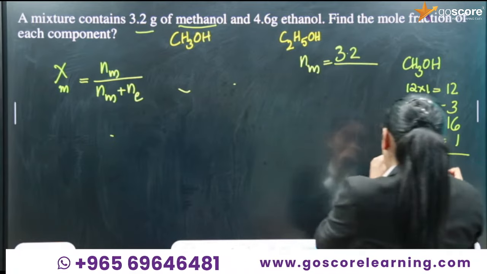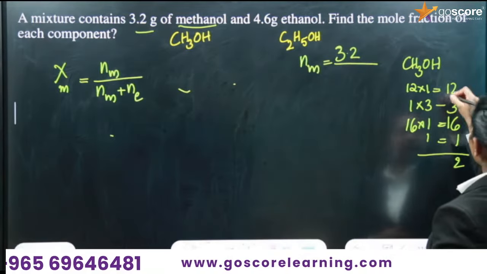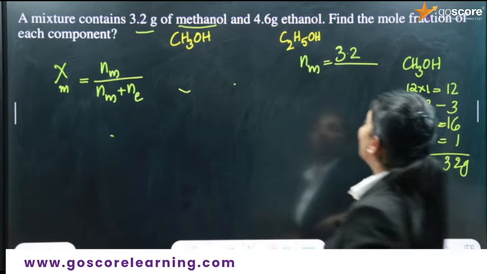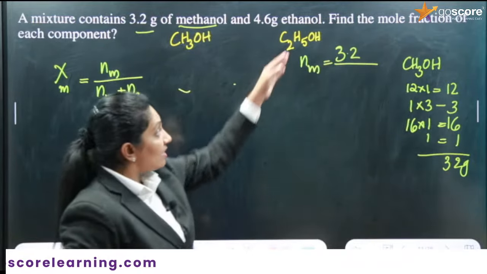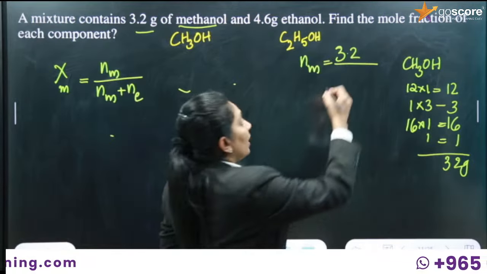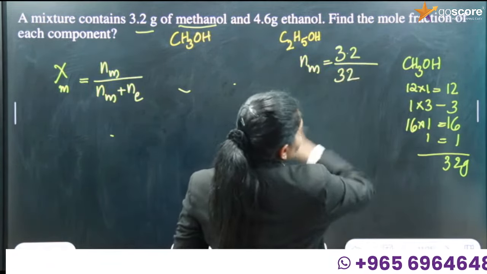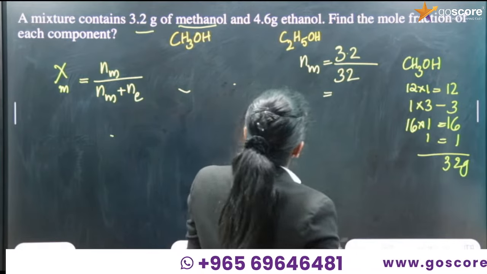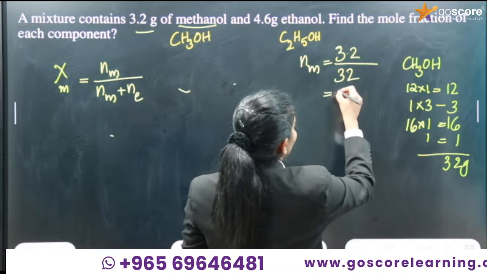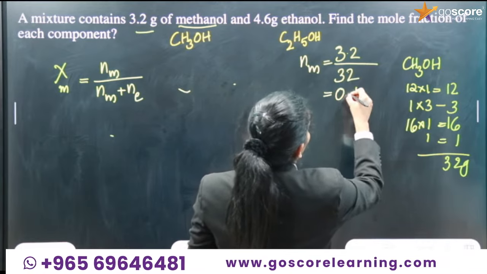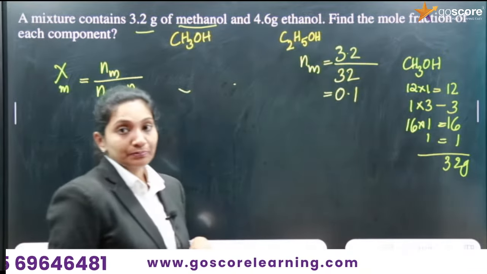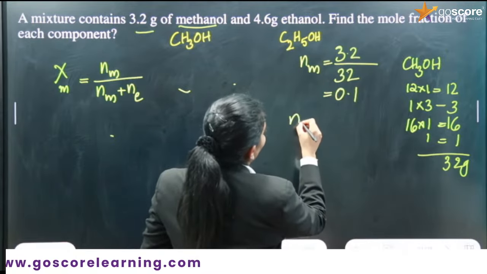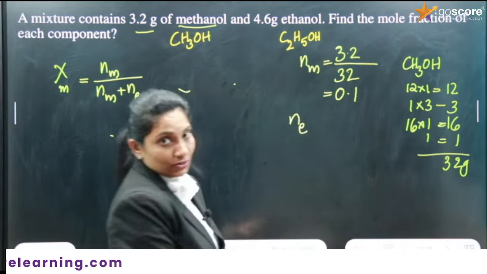So altogether it is 32 gram, right? So the number of moles of methanol is the given mass 3.2 divided by the molar mass 32 gram. 3.2 divided by 32, we will get the value 0.1, right?